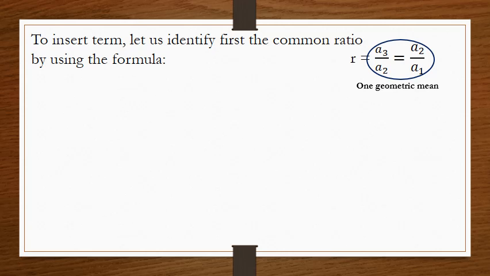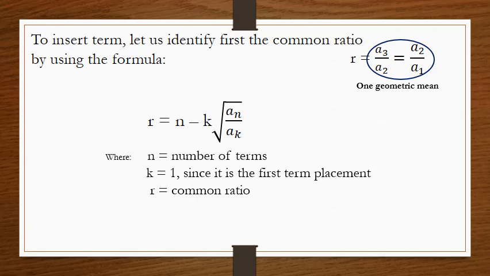Pero, pag lampas na sa isa, ibig sabihin, dalawa, tatlo, and so on, ang gagamitin nating formula is r is equal to the n minus k root of a sub n divided by a sub k, where n is the number of terms, k is equal to 1 since it is the first term placement, and r is the common ratio.